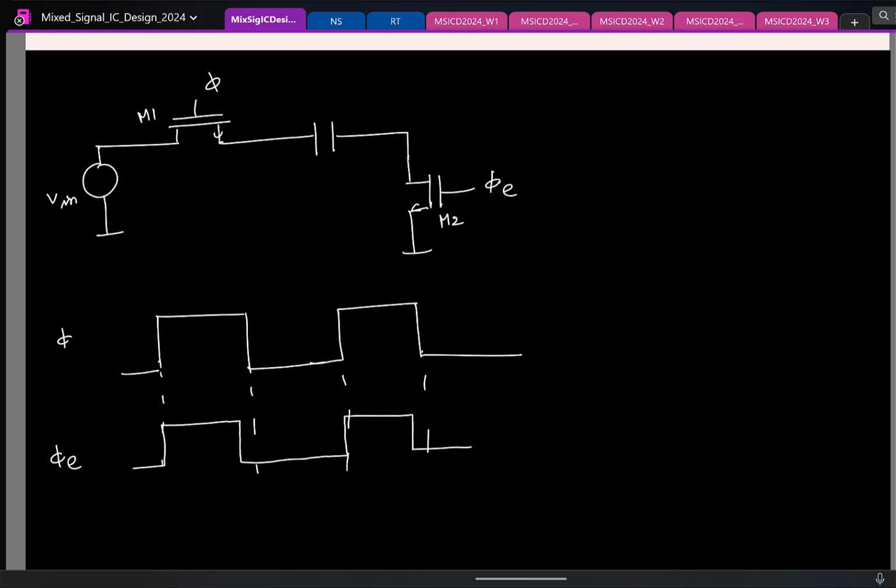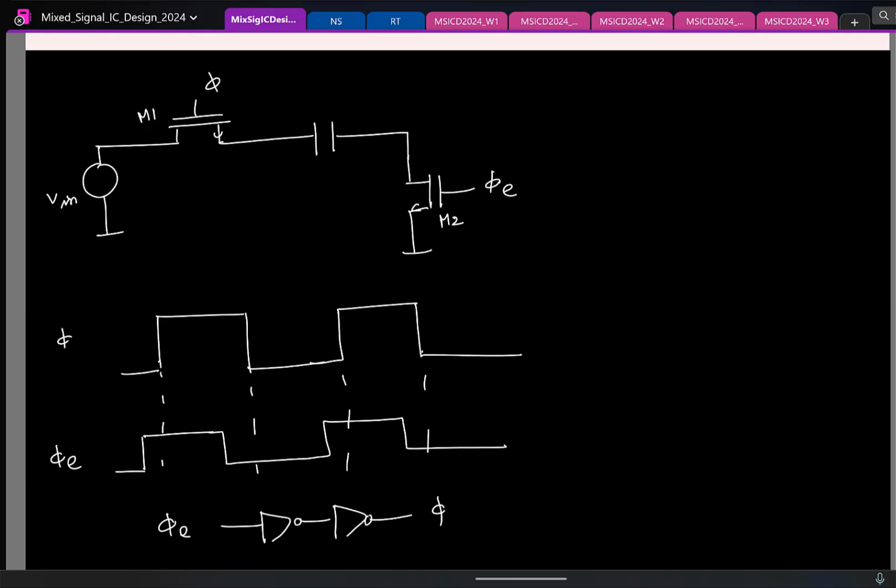But instead of generating a clock like this, it is much easier to advance both edges. So in practice we do this. Of course, now if you have phi-E, I delay this and generate phi, just pass it through a bunch of CMOS inverters and then get phi.